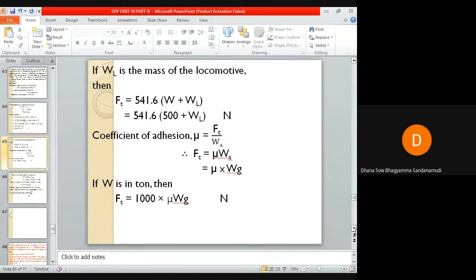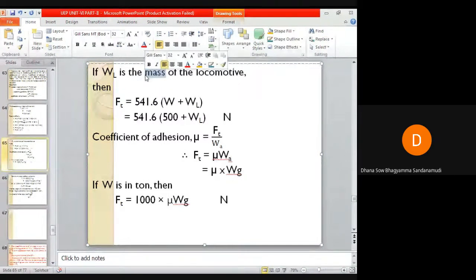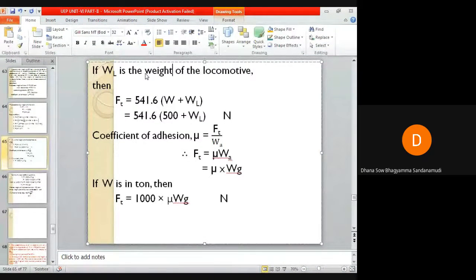Let us assume the weight of this locomotive is WL. Then the tractive effort will be 541.6 into W plus WL, since the weight of the locomotive must also be considered.